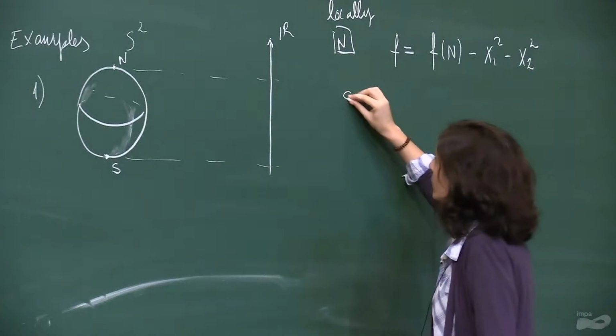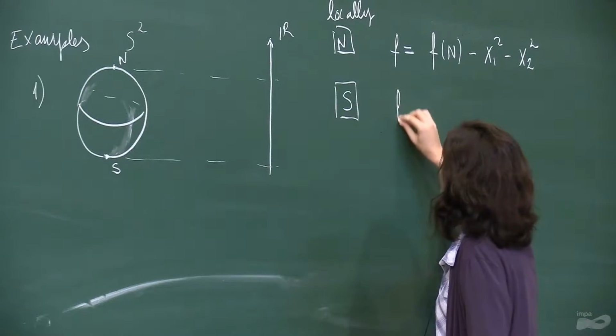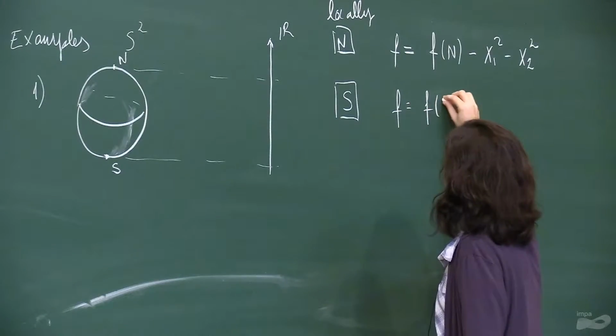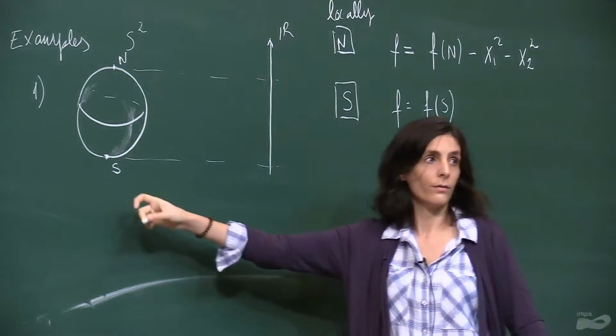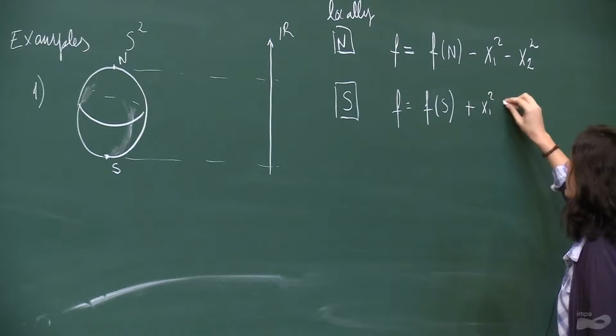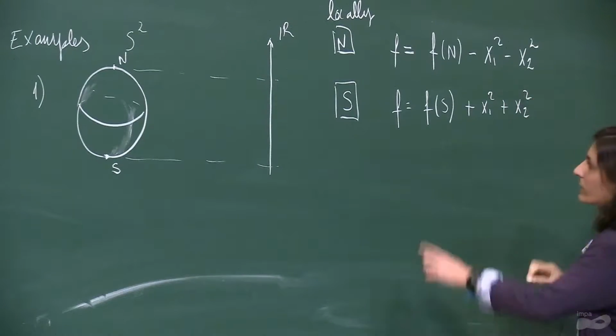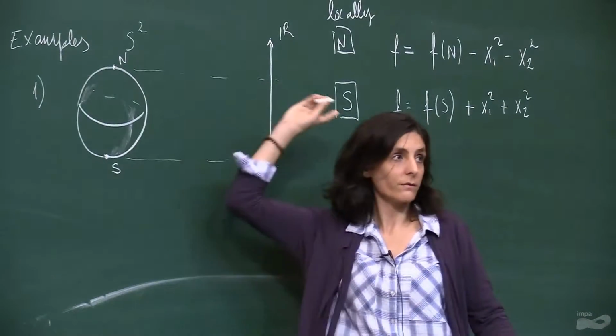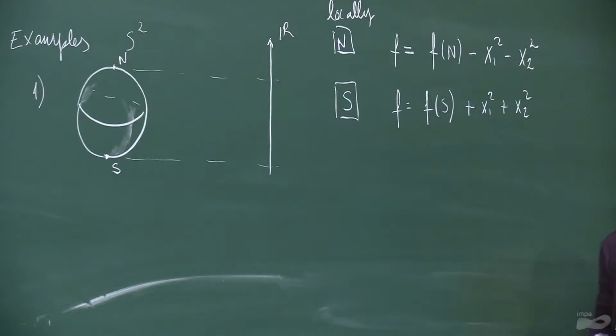And close to the south pole, to the minimum, this f is equal to the image of S by this map f plus x1 squared plus x2 squared. So locally, f is given by these expressions.